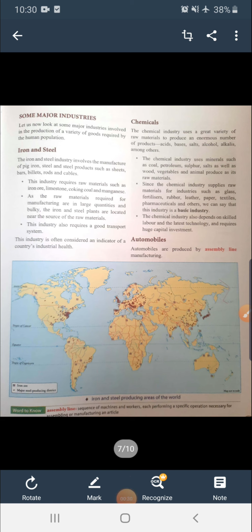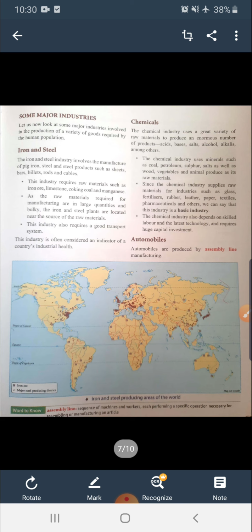Iron and steel industry involves the manufacture of many steel products like bars, billets, rods, cables. These industries also require a lot of raw materials, not only some minerals but also iron ore, limestone, coking coal, and manganese, all together making the steel more stable and rigid.